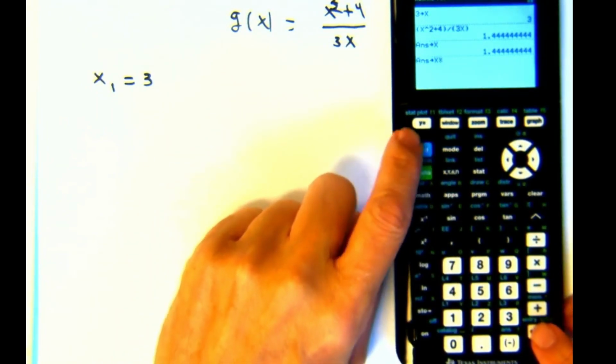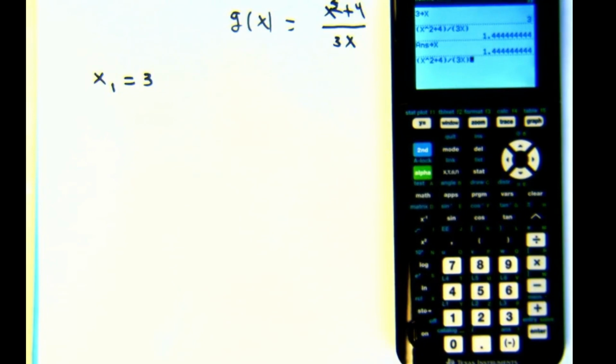Second enter brings my compute line back up, and I'll press enter on that and get 1.404 some odd. If I were doing this in a problem, I would want all of those digits.